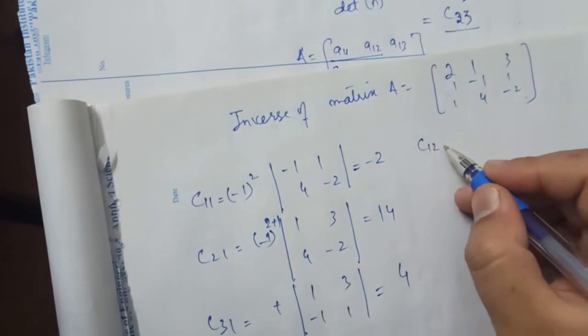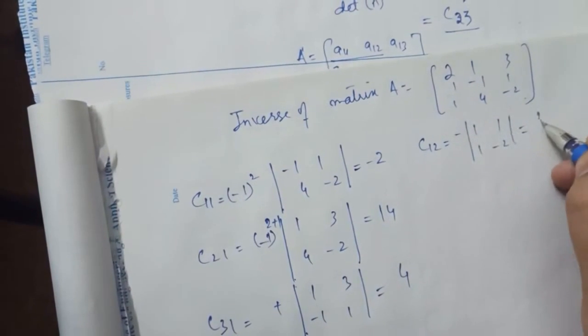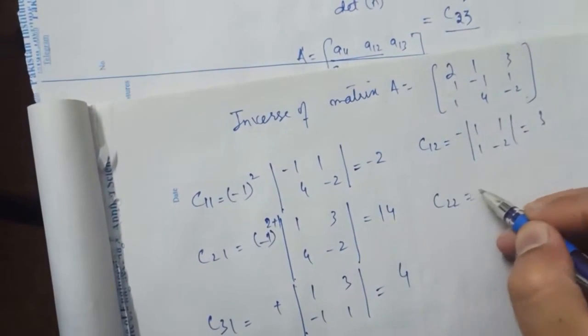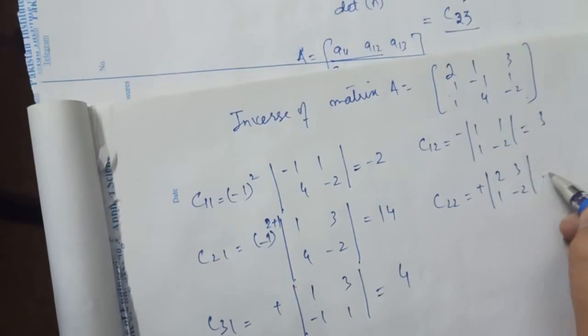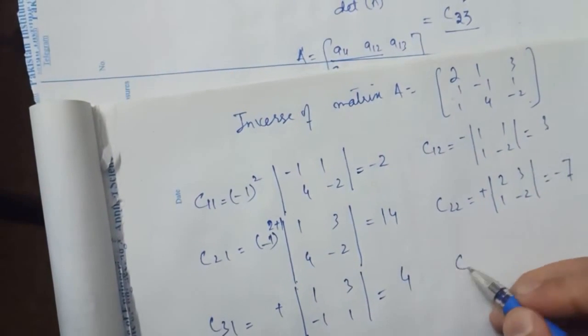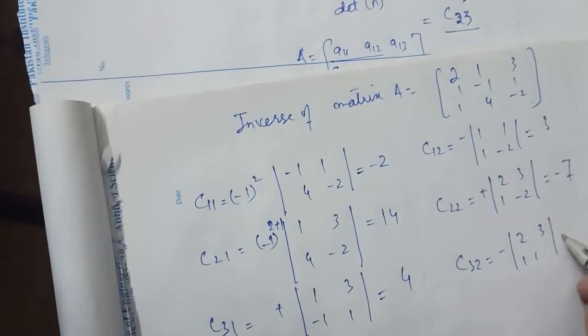Similarly, C12 is minus 1 1 1 minus 2, which is equal to 3. C22 is equal to plus 2 3 1 minus 2, which is equal to minus 7. C32 is equal to minus 2 3 1 1, which equals 1.